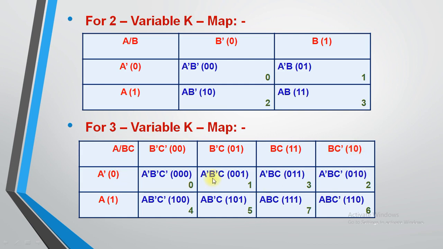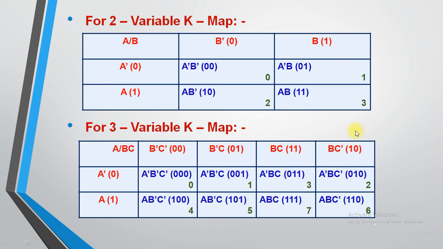So there are several ways through which you can compare whether you have created the right K map or not based on the truth table. But be careful when you draw a 3 variable K map or 4 variable K map, right?